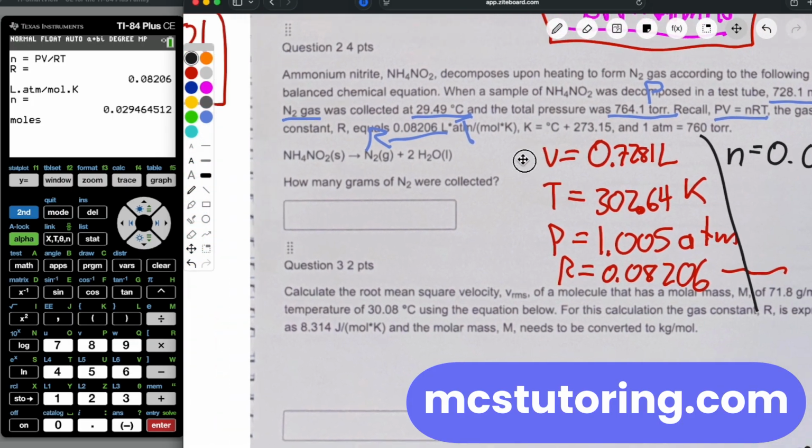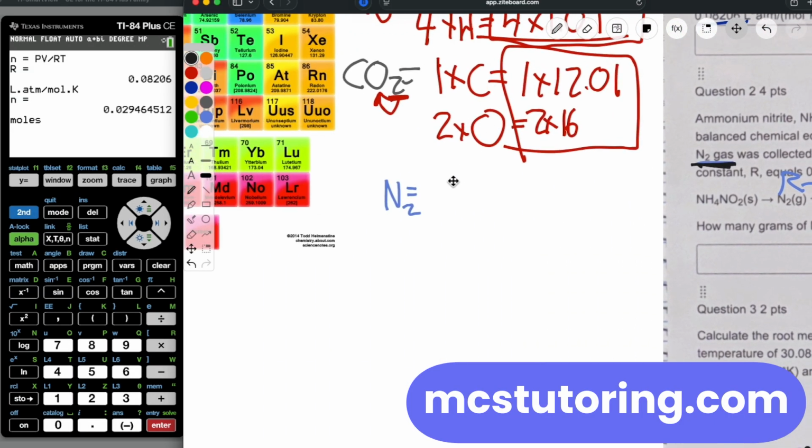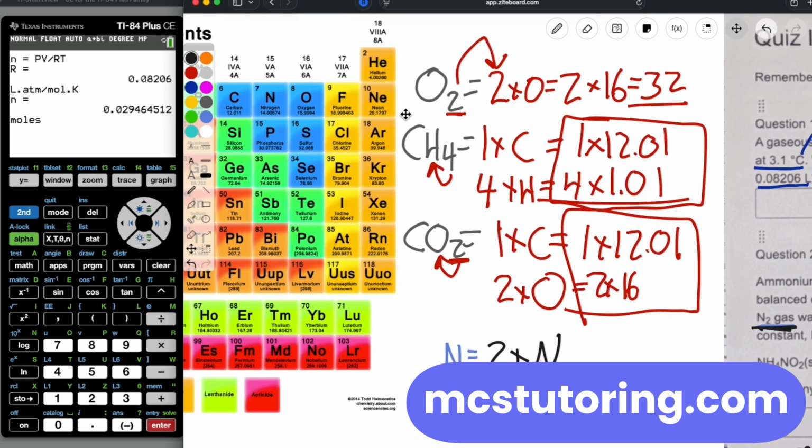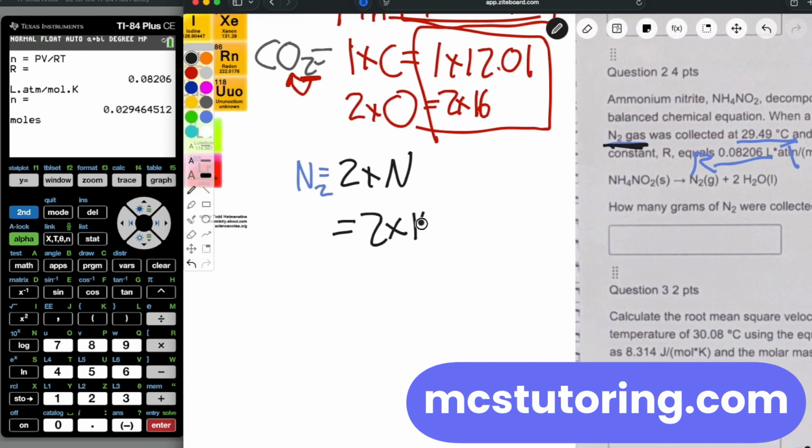Molar mass of nitrogen. It's nitrogen. So look, the N2, what does that mean? That means it's 2 times N, which is going to be 2 times, and we have to look this up. 14.00674. I'm actually going to go all the way, 14.00674, I believe it was.